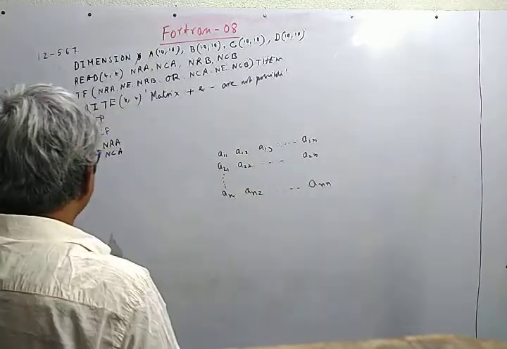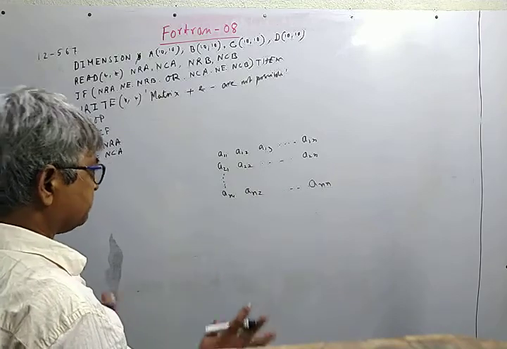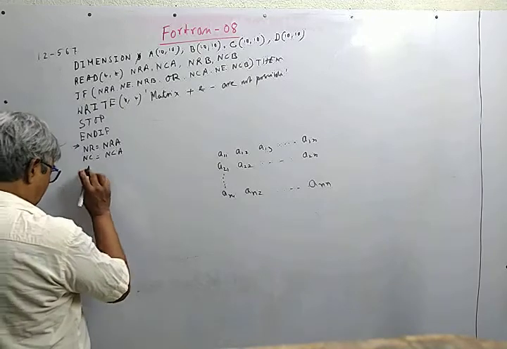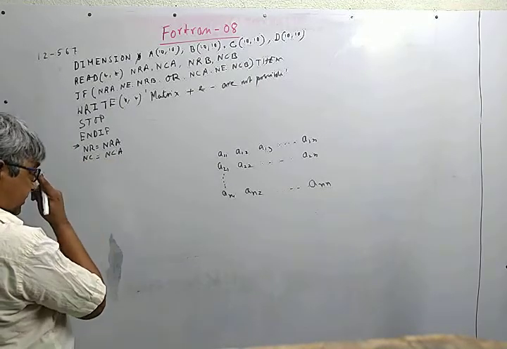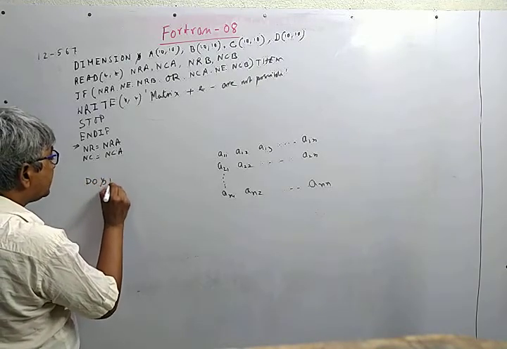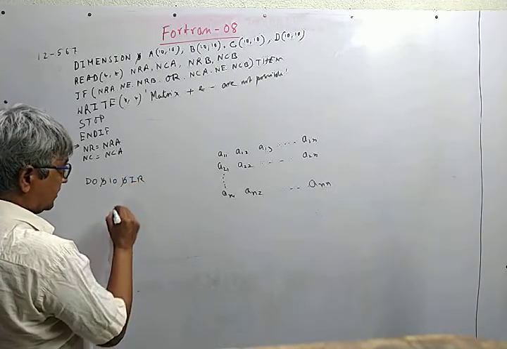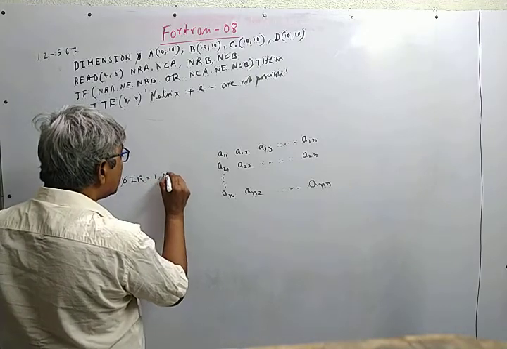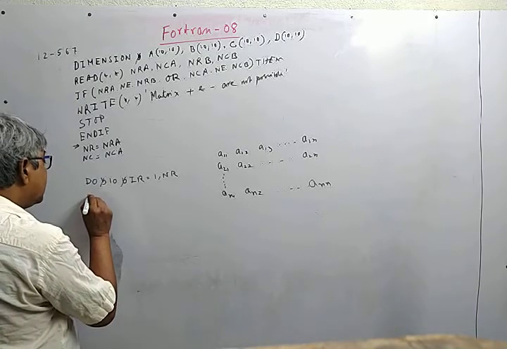If you want to write it in something else, then some mistakes may be done. So first thing is that I am keeping one line blank here. I will write do 10 IR equal to 1 comma NR, then we do.